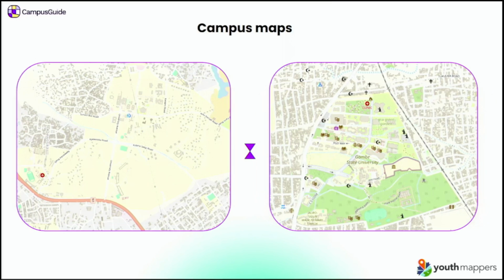This is another sample of a particular university. You can see how empty the one on this side is, and how much more detailed this one is. This is also in Nigeria, and respective chapters are already putting themselves to work mapping their universities in detail, and you can see some respective features, POIs, with the right tags as well.